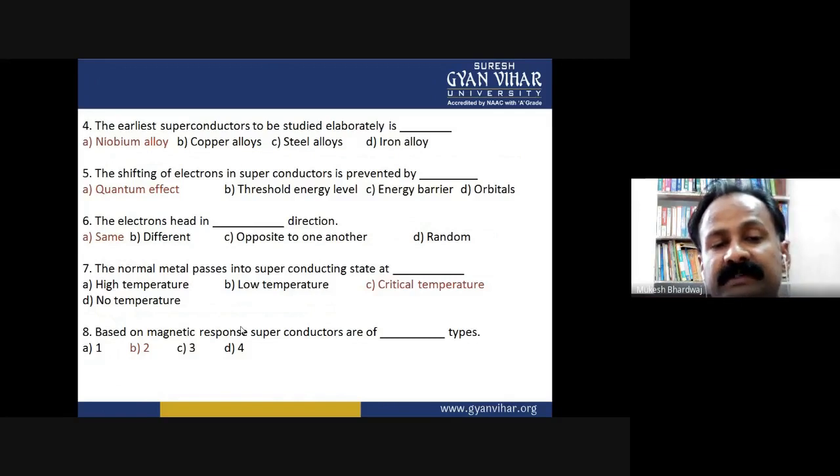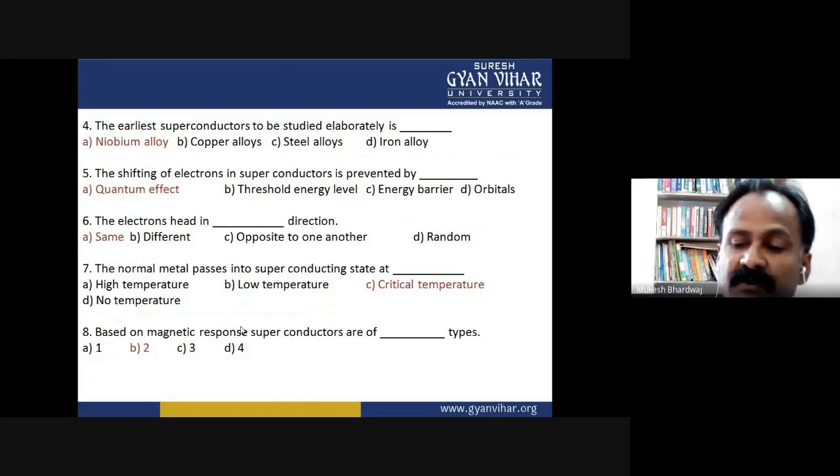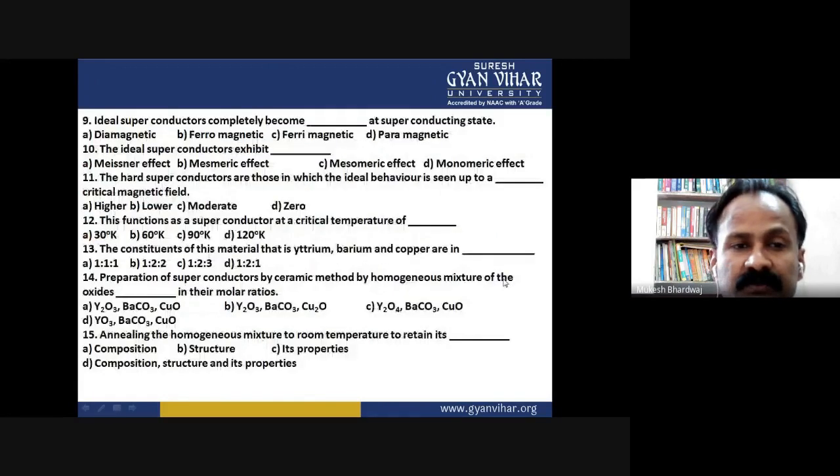Based on magnetic response, superconductors are of two types. We had discussed that. First type and second type, or soft type and hard type. Ideal superconductors completely become dia, ferro, ferri, para at superconducting states.